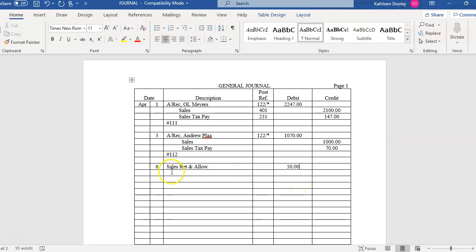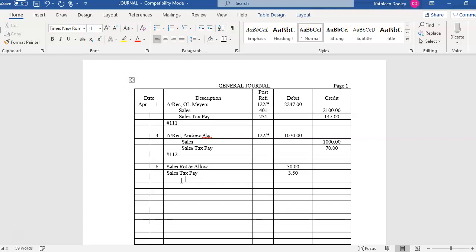Okay. Now we're also going to debit sales tax payable. This is because we no longer owe the state this $3.50. We're decreasing a liability. An increase to a liability is a credit, but a decrease to a liability is a debit. If you recall your debit and credit charts from chapter 3.